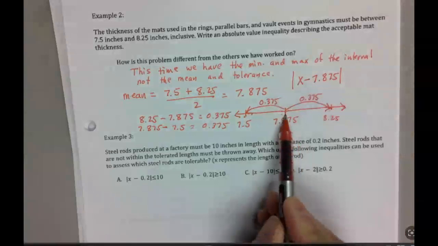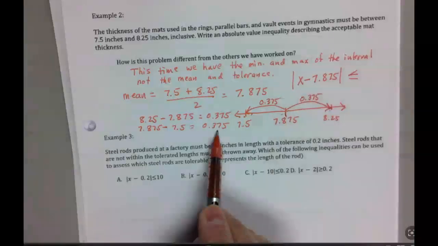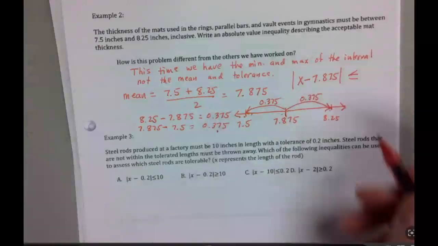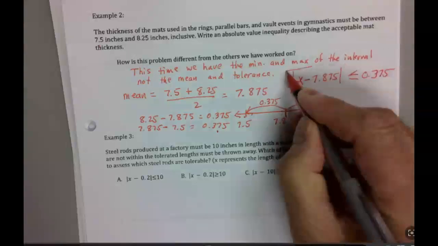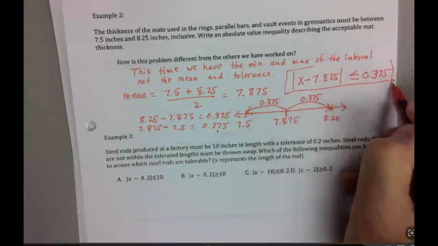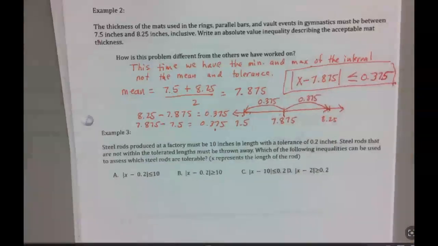Your mean. Correct? And then what did we find for our tolerance? 0.375, correct? So there's your equation. Does this make sense? Kind of? Clear as mud?